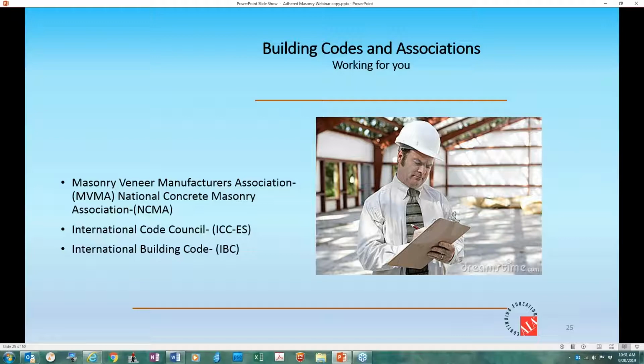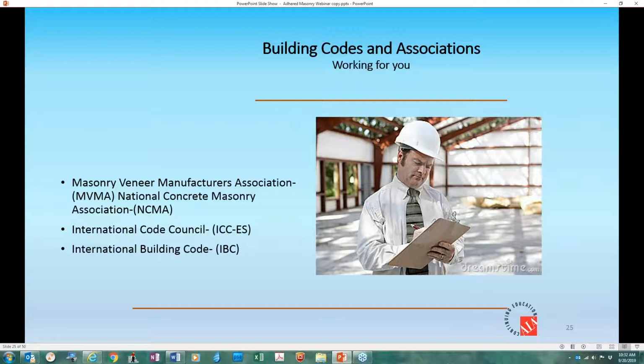So what I did here was I outlined what each different manufacturing association or industry association does, so that you know where to go if you have a problem and you have to figure it out. The Masonry Veneer Manufacturers Association basically provides the guidance and design for manufacturing units.